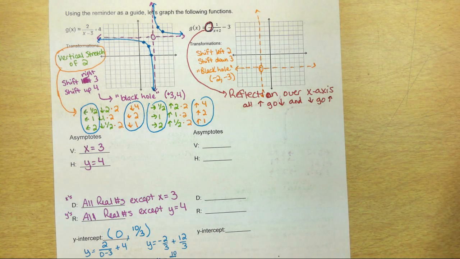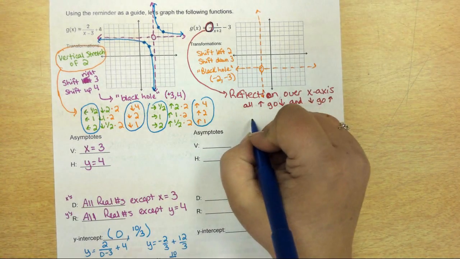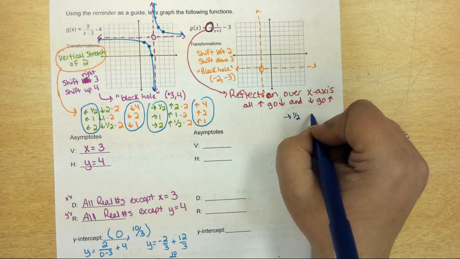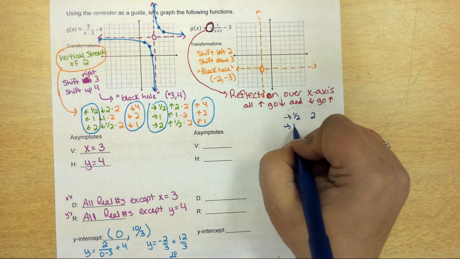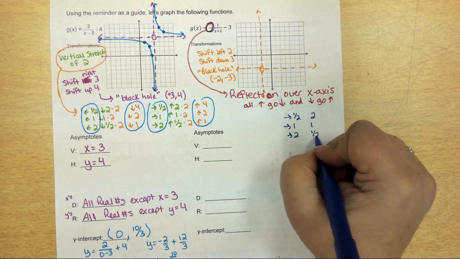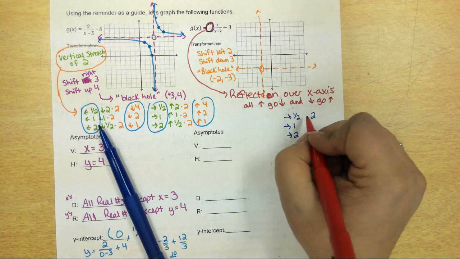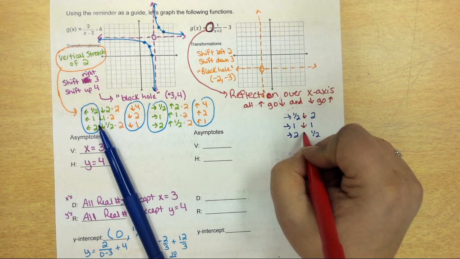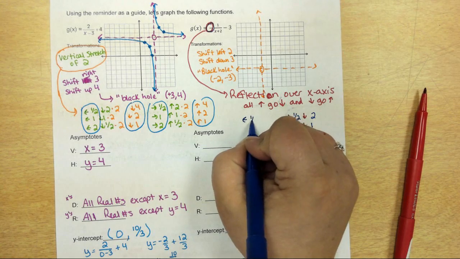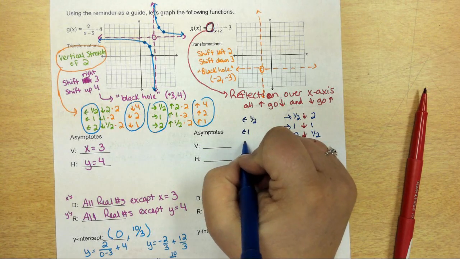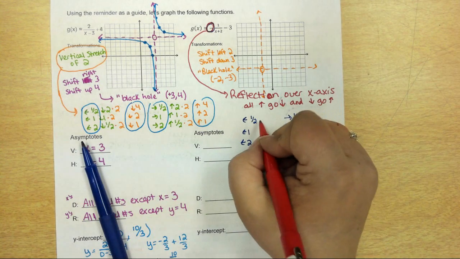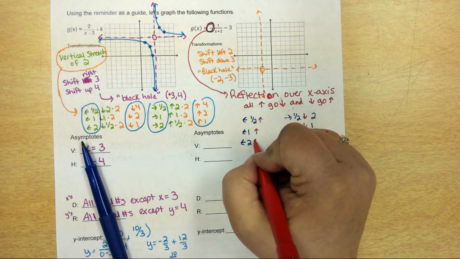So our normal pattern for growing is right 1/2 up 2, right 1 up 1, and right 2 up 1/2. But now instead of up, all of those rights are going to point down. And our normal pattern for growing is left, all of those same numbers that we just went right, and down, but these will now go up.